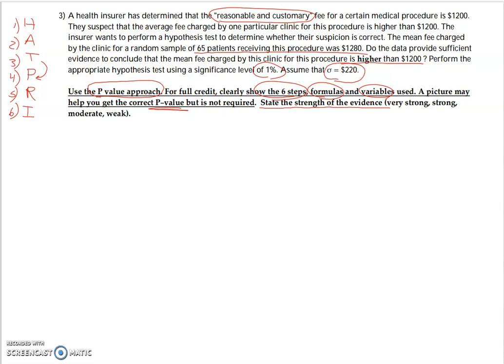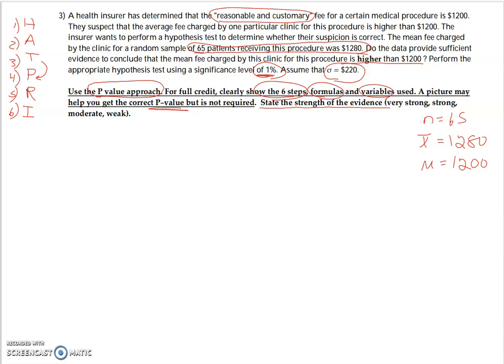So looking at this problem, I'm going to pull this out first. We have a sample size of 65, and from those 65 patients, the sample mean was 1280 for that procedure. The mean you're testing it against is the 1200. That's the reasonable and customary amount that the insurance company had defined.